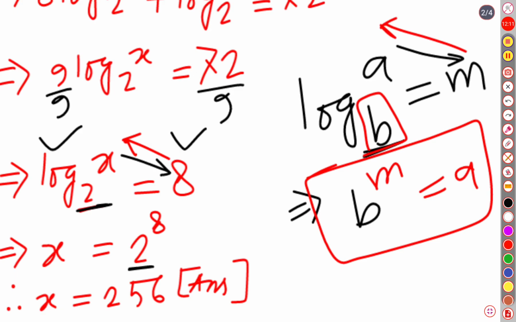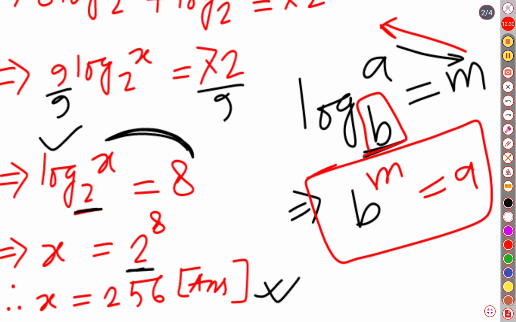So our base 2 has remained unchanged, and they replace each other. So x is equal to 2 raised to 8, that means x equals 256. I think you have understood.